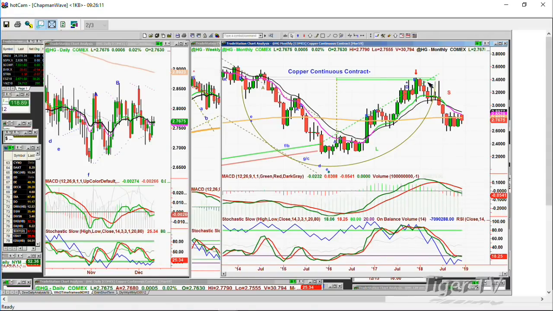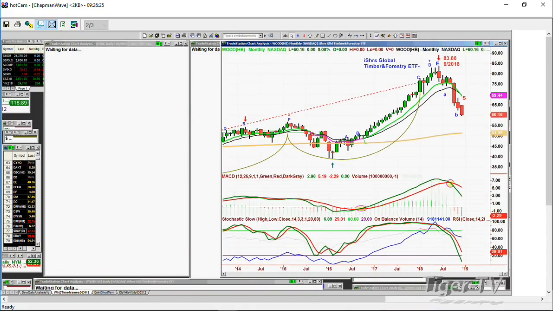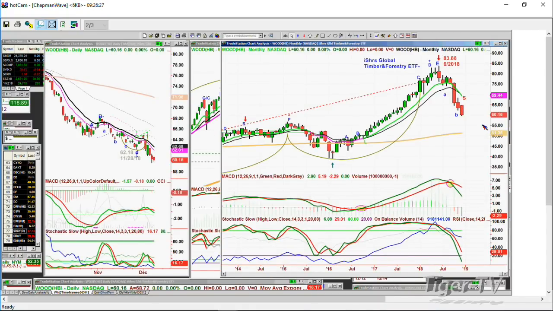So this is making a kind of a cup and ladle, not one of my favorite patterns, but it's really important because of what it's saying, together with internationally with wood, which is the iShares Timber and Forestry ETF, which was at 83 and is trading right now at 60, 20 points down, that's a 25, 26% decline.